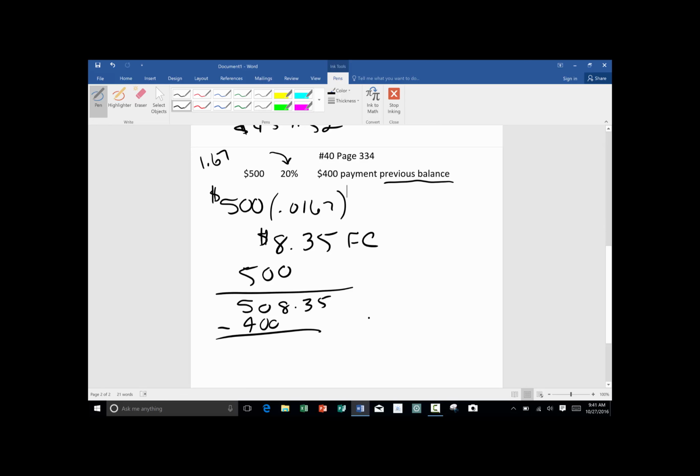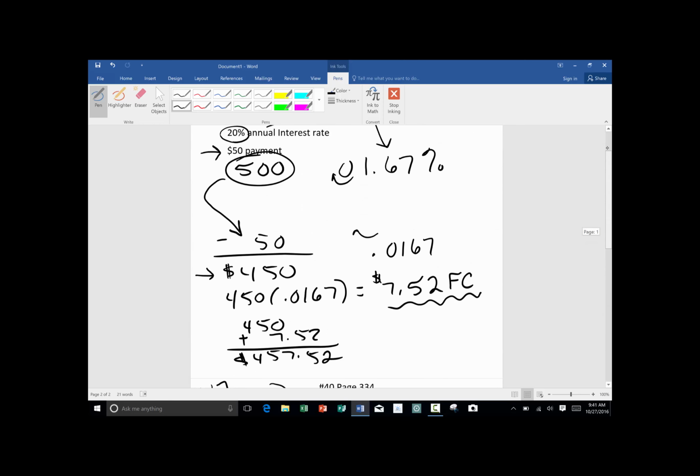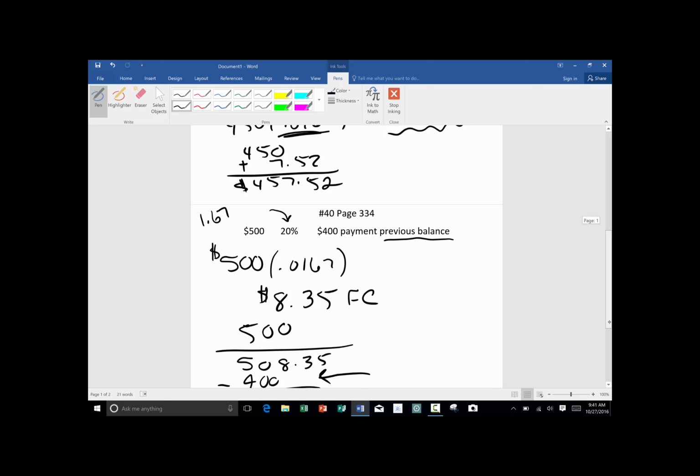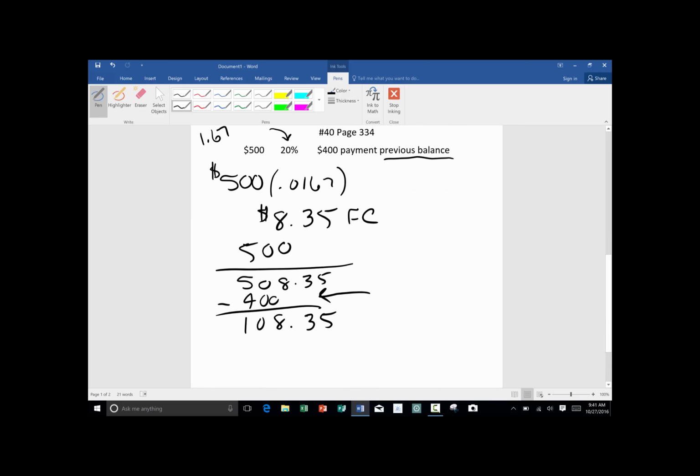The payment comes after we've already gotten the finance charge. So this is our new balance. So that's the difference in the two. This is where they're different. Adjusted balance, you make your adjustments first, then deal with interest. Previous balance, you deal with interest, then make the adjustments. So that's how they're different.